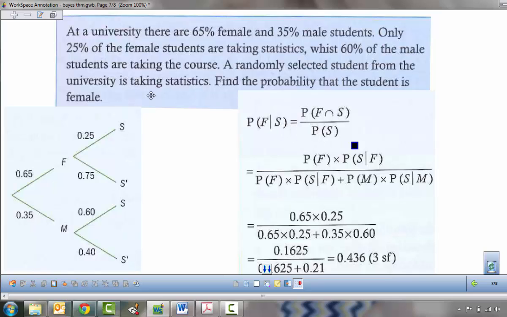You don't change them around. And then this intersection on top becomes probability of F times probability of S given F. There's a little bit of an order that makes a difference here, so just be very conscious as you're setting up with Bayes' theorem.